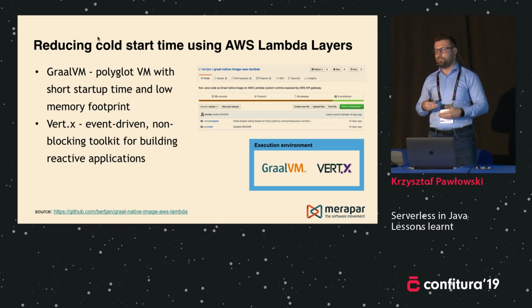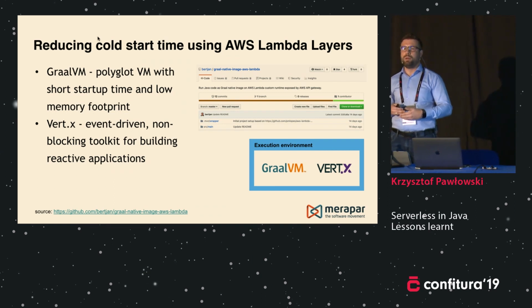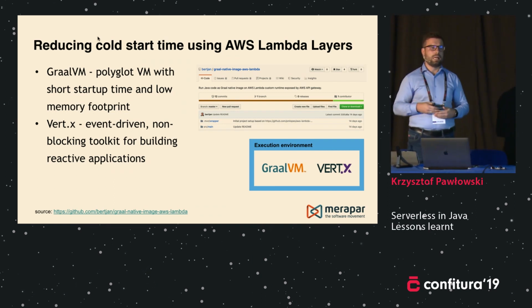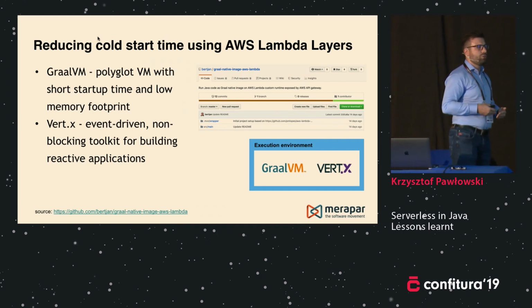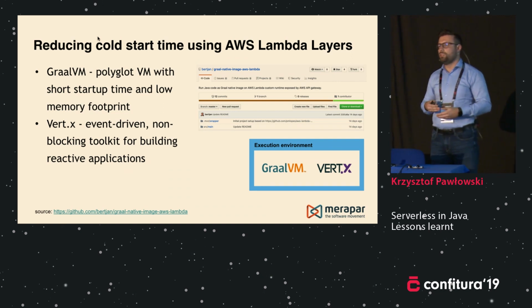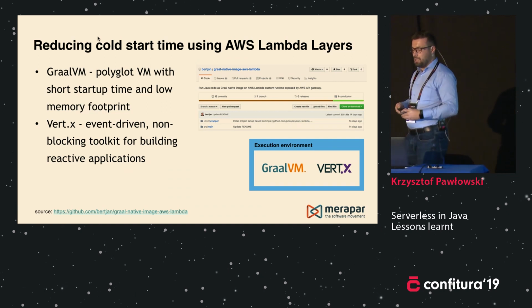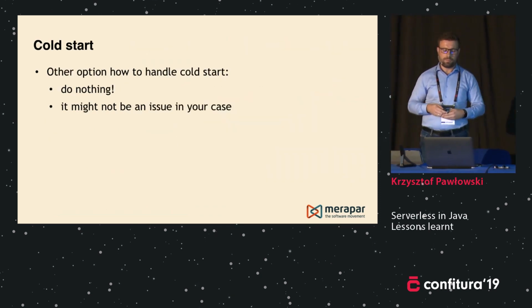So using this solution, you can run your Lambda functions with minimal cold start time. But again, the drawback of this solution is that you are using your custom environment, which is not supported by AWS. So you need to consider if it's okay for you when you are designing the architecture of your solution.